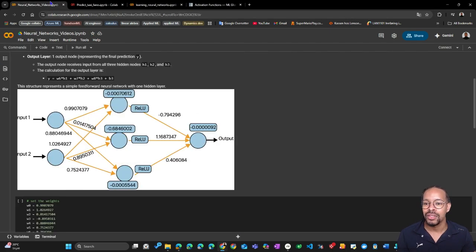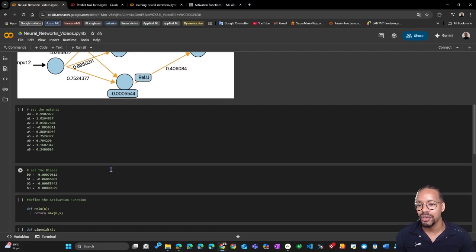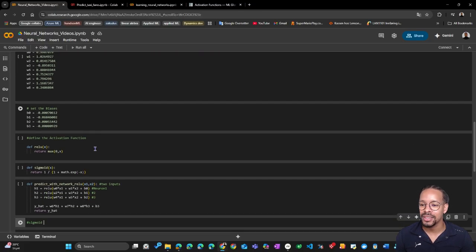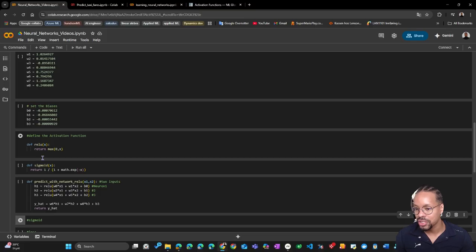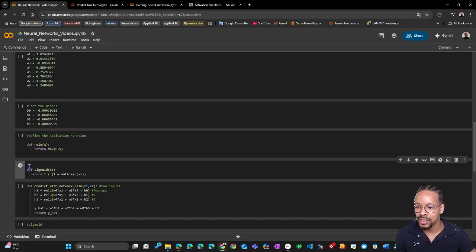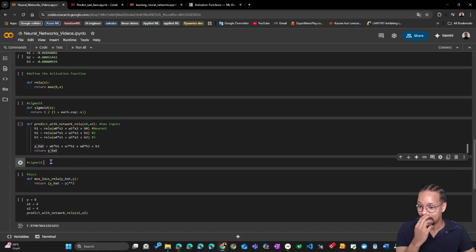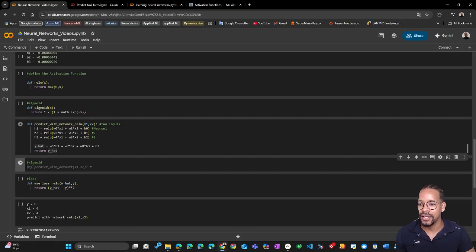So without making it really difficult, let's go back to our easy neural network, the one we had in the last video. We have the weights, we have the biases, and we have the ReLU function. And here I've quickly defined the sigmoid function. Here we are predicting with rectified linear units.